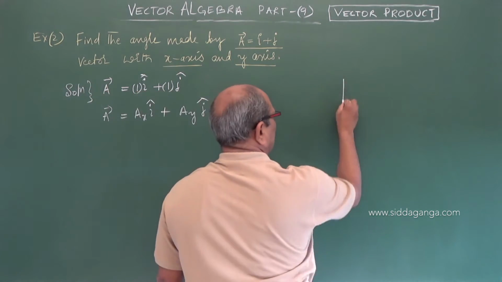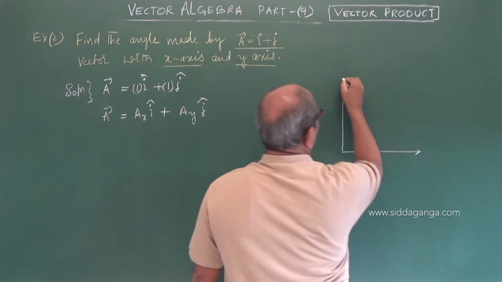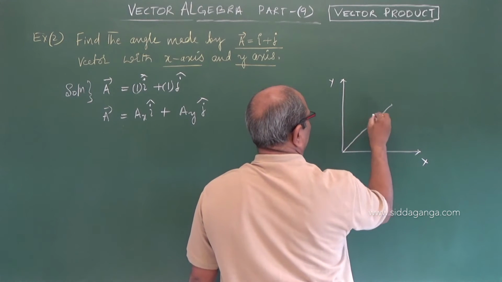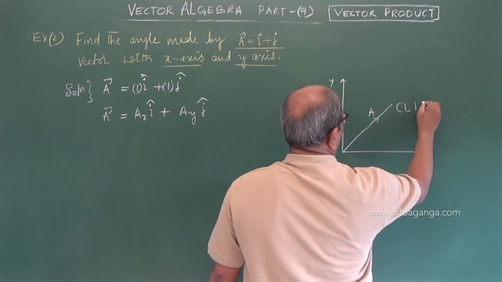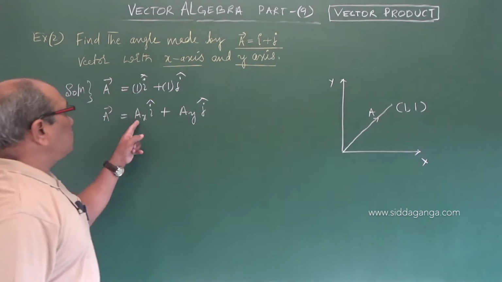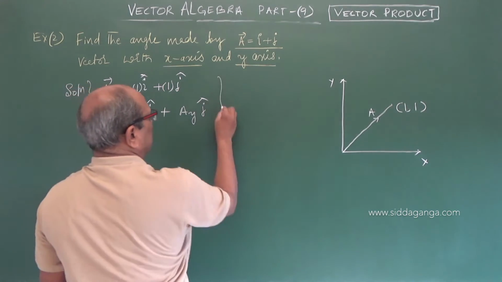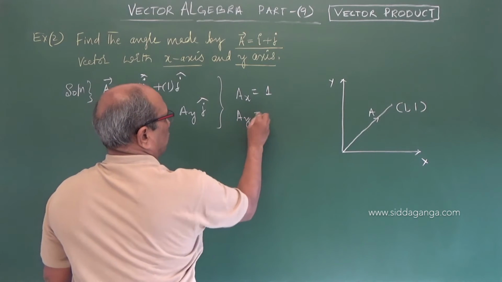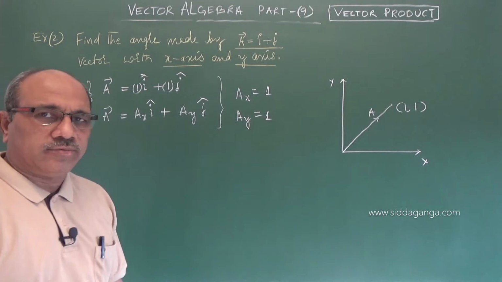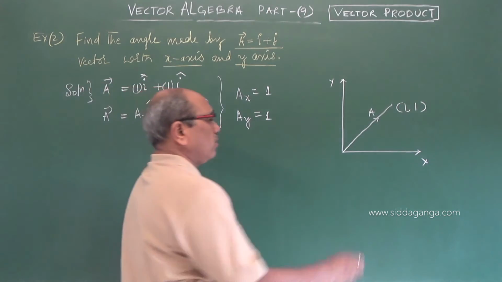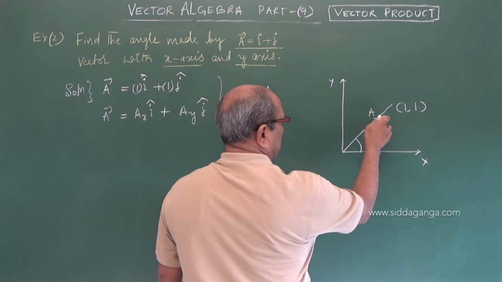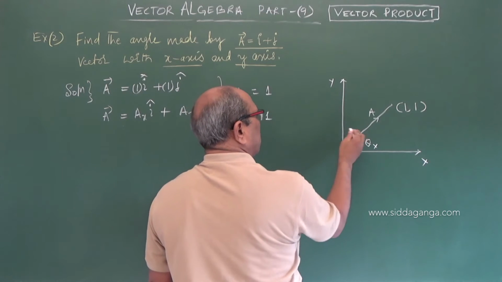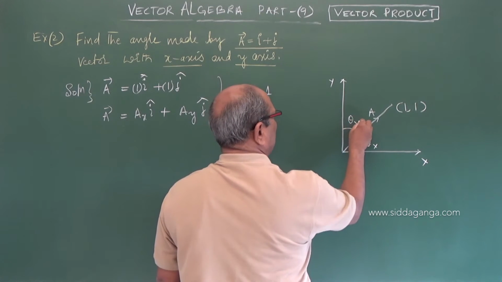So you come to know in the graph of x and y, this is the vector A having coordinates 1 and 1. Because ax is 1, ay is 1, it clearly suggests the x coordinate is 1 and the y coordinate is also 1. Now we have to find the angle A makes with x, theta x. Similarly, the angle A makes with respect to y is theta y.